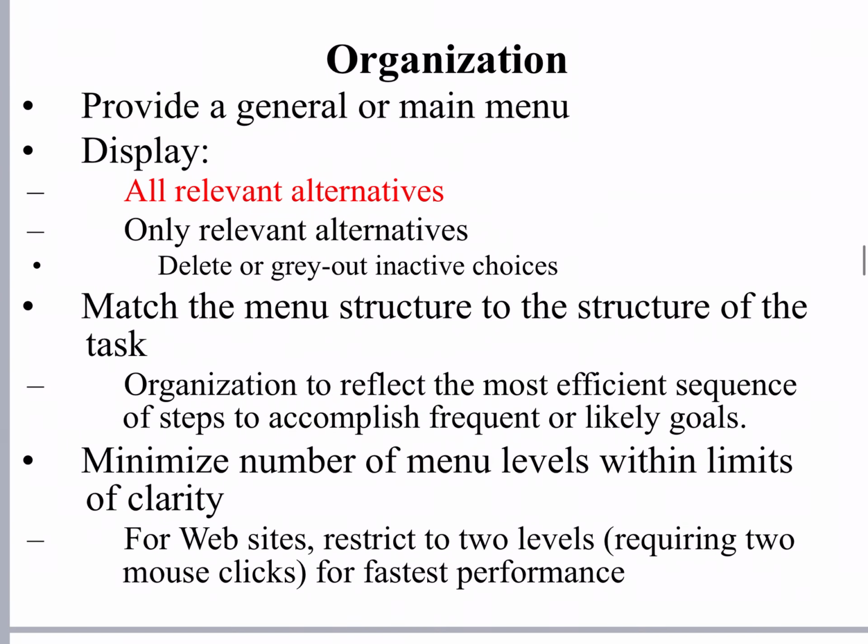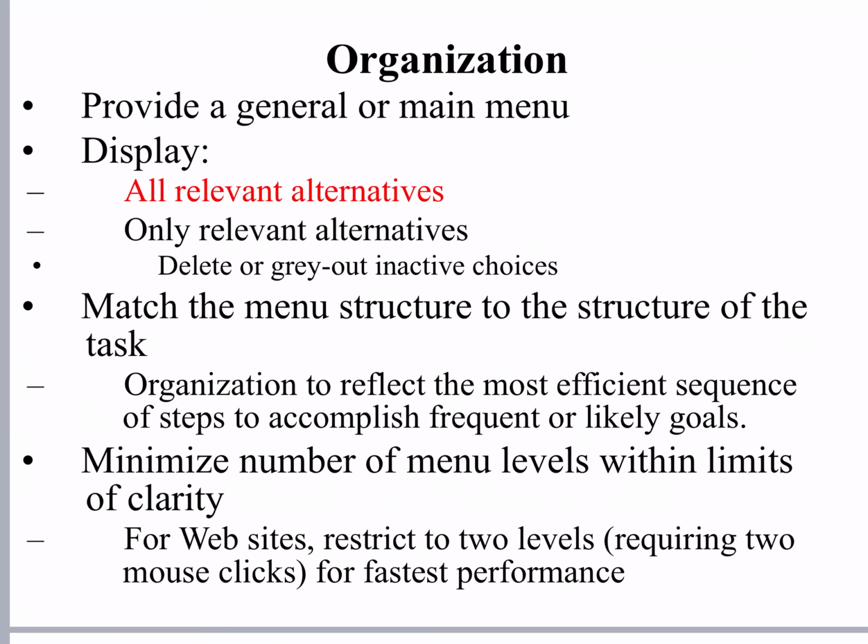Now when it comes to organization, it should provide a general as well as a main menu. When it comes to display, all relevant alternatives, and only relevant alternatives, should be displayed properly. Match the menu structure to the structure of the task.